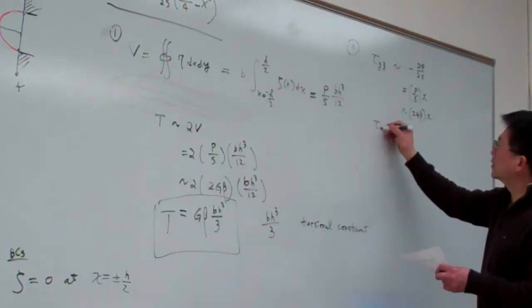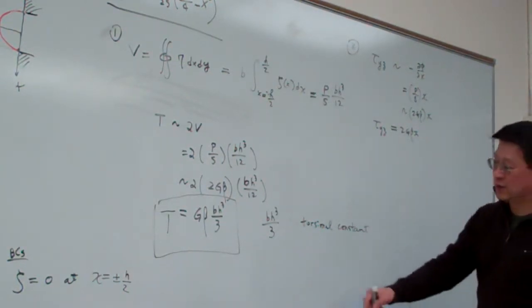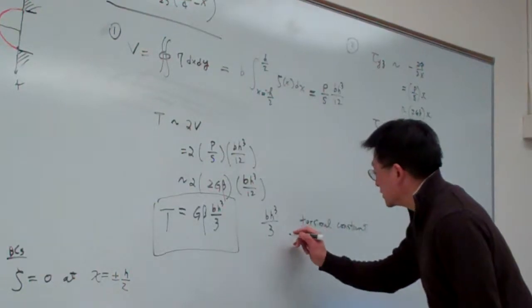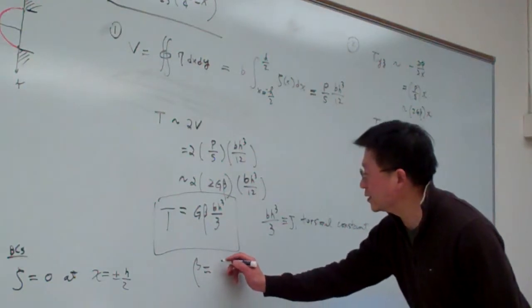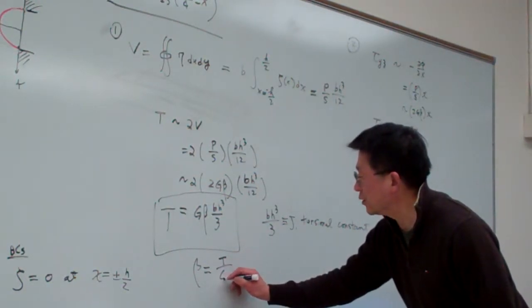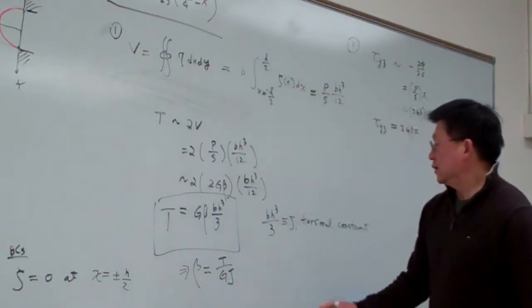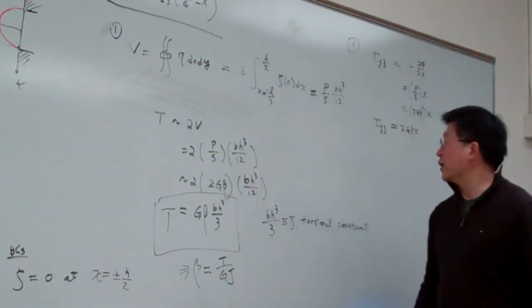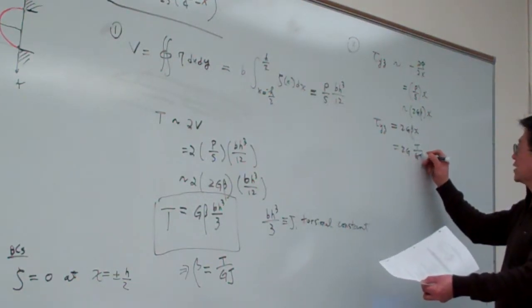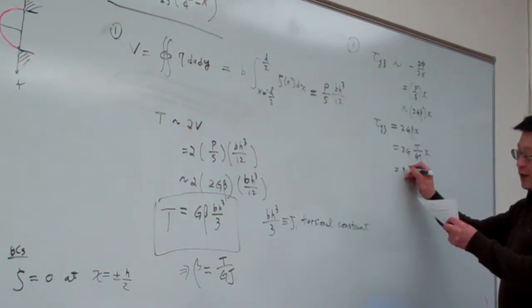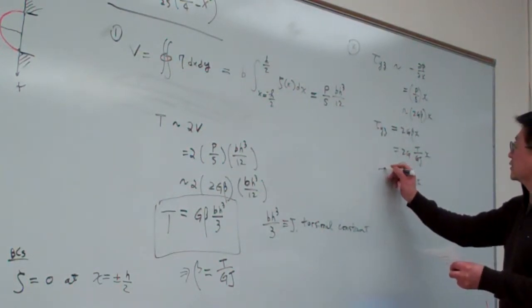Therefore tau YZ equals 2G beta X. Let me say this one is our definition J. From here, we have beta equal to T over GJ, introducing the torsional constant as J. So 2G beta equals 2T over GJ times X. So this is 2T over J times X, which is tau YZ.